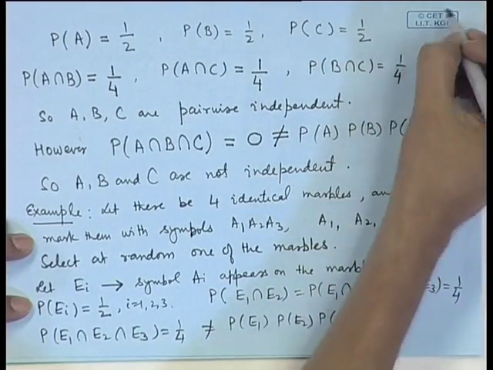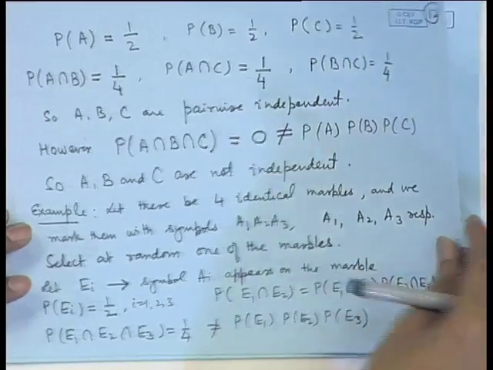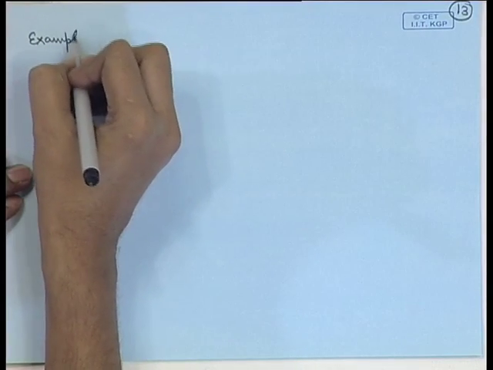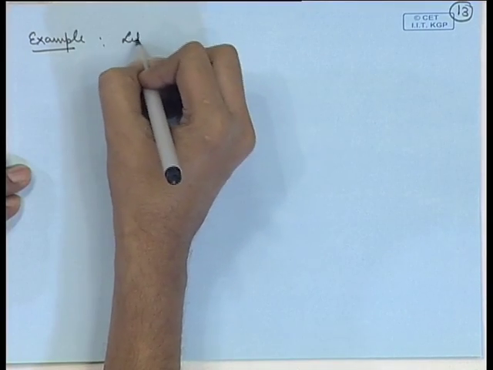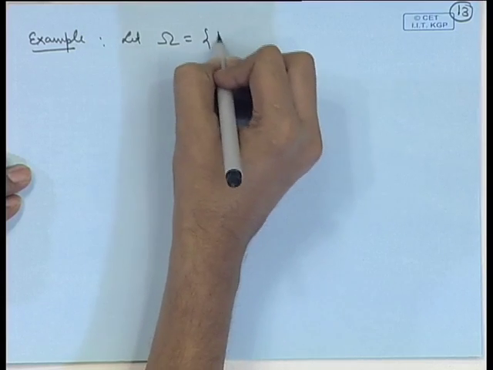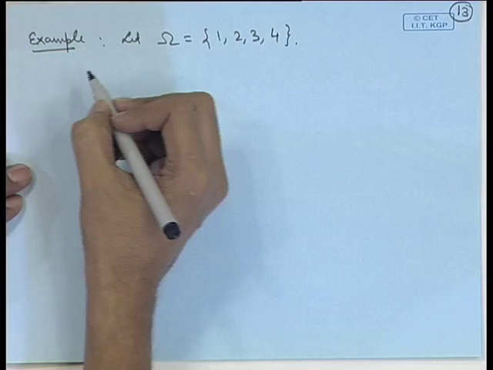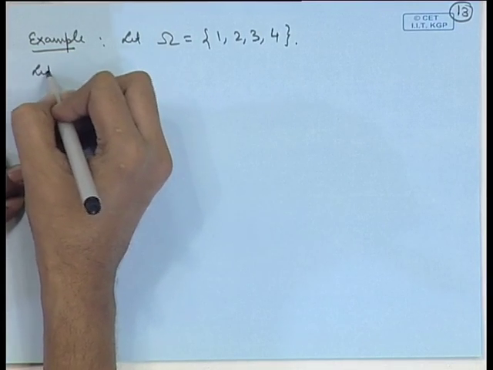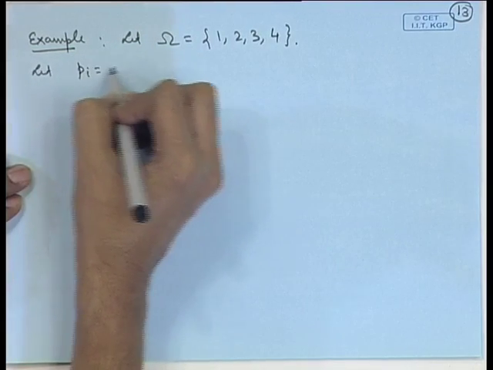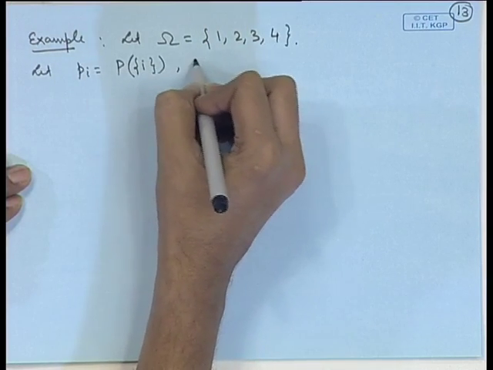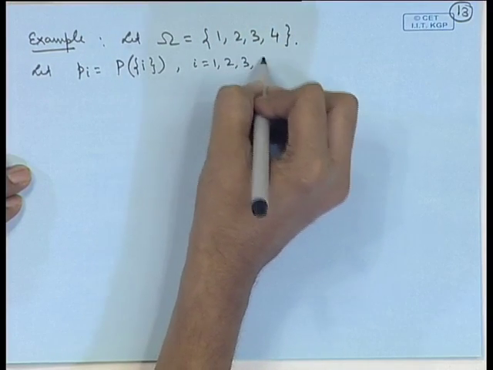Let me take one more example. Consider, say, omega is equal to 1, 2, 3, 4. Let P i be the probability assigned with the set consisting of i, i is equal to 1, 2, 3, 4.